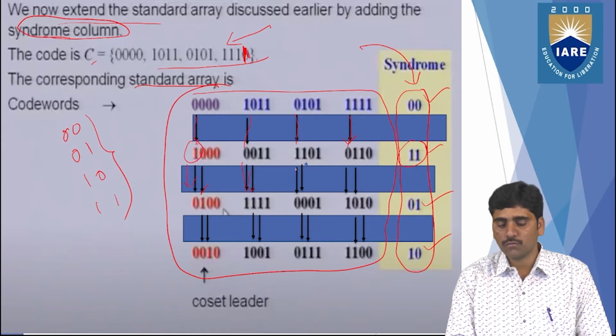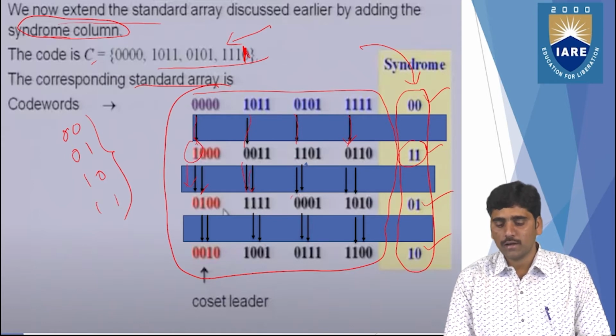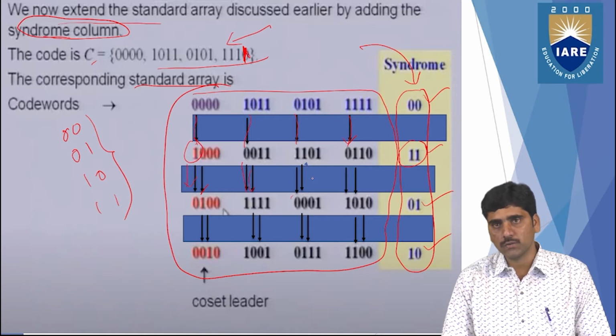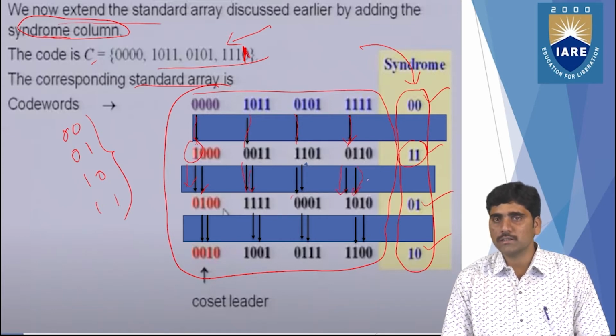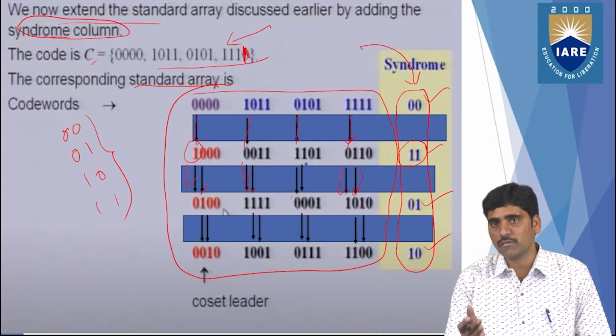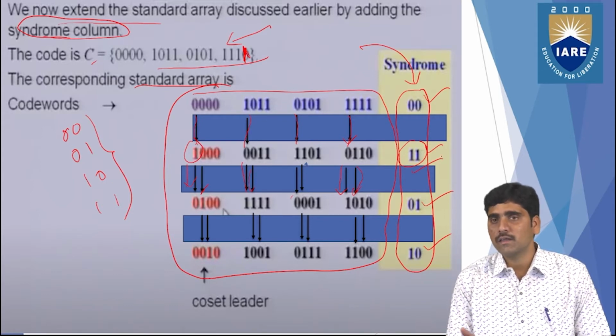Similarly here 1 is replaced as 0, and the other 1 is replaced as 0. Those two are left. And here also 0 is replaced as 1, and 1 is replaced as 0. That means the syndromes are transmitted to the next level with the help of adding the syndrome bits.